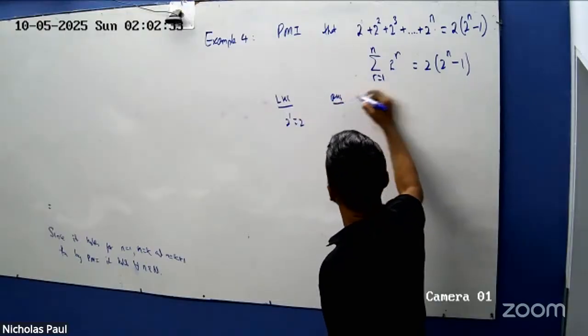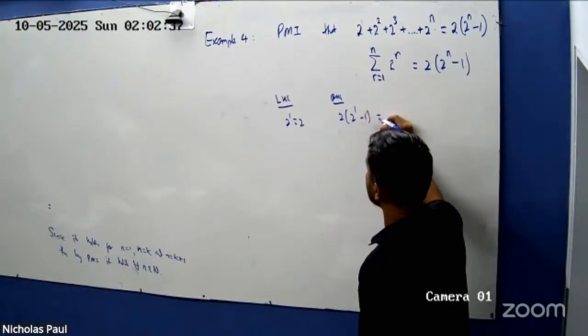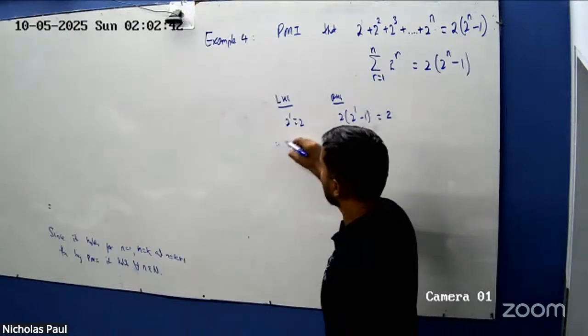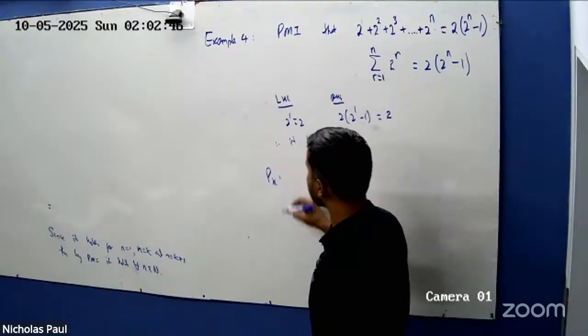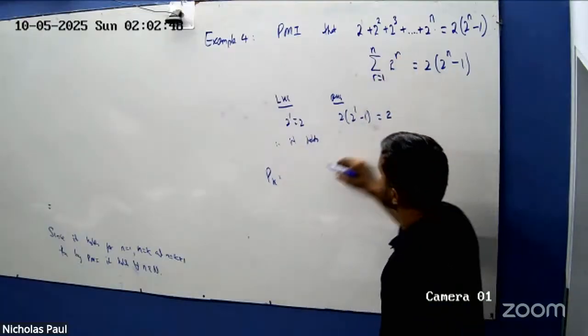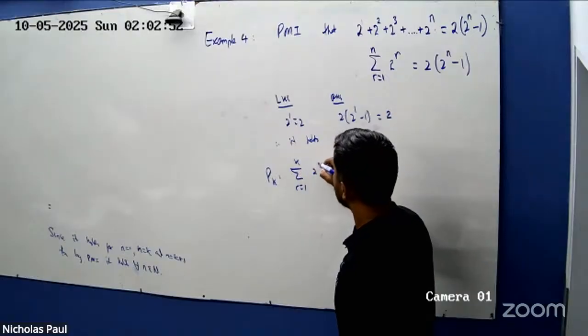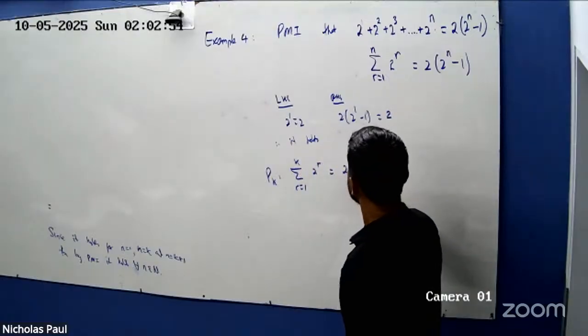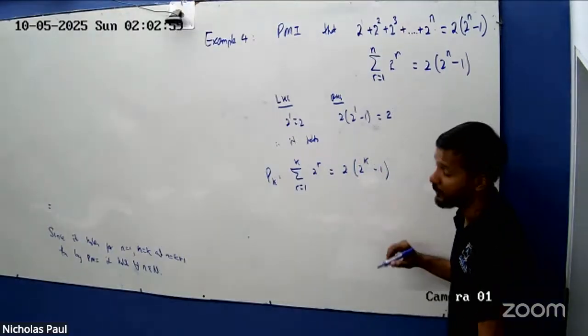Right hand side is 2 by 2 to the 1 minus 1, 1 by 2 is 2. Therefore it holds. The P to the K statement is the summation of r going from 1 to k of 2^r is 2 by 2^k minus 1. Everybody okay there?